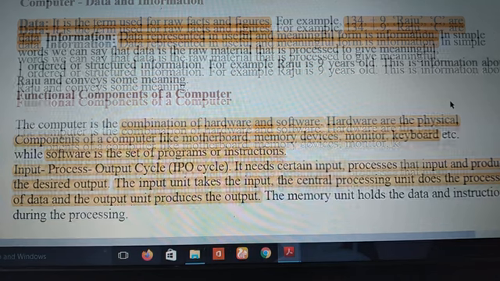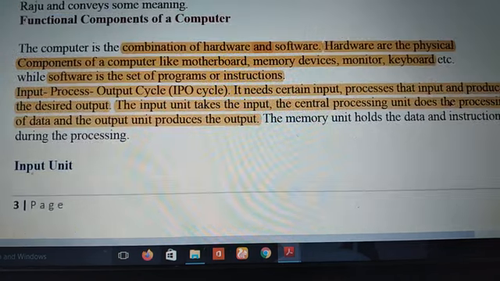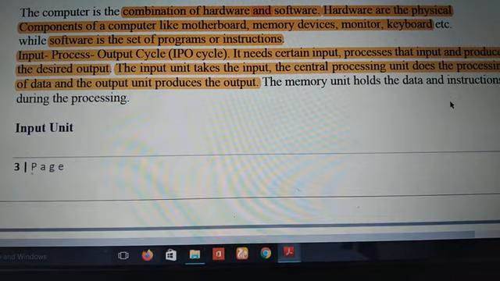Now the function of a computer. I already discussed it in one video, but now I am going to explain what the function of a computer is. The function of a computer is also called the structure of a modern computer, and this is also called von Neumann architecture.